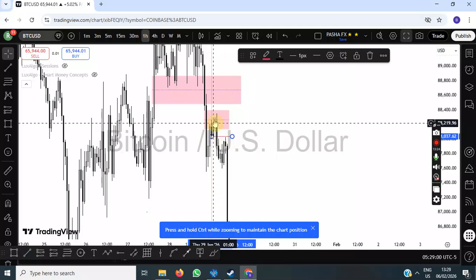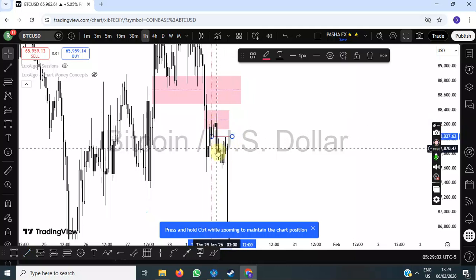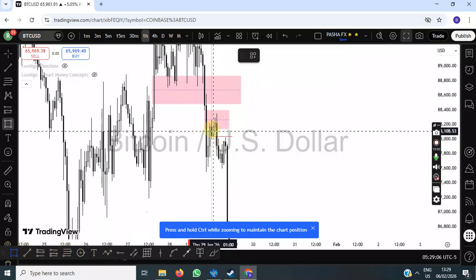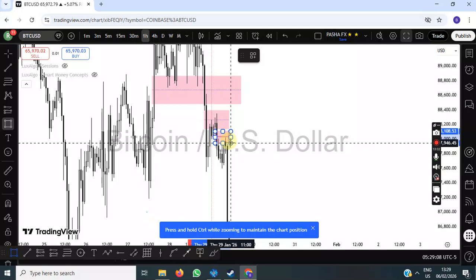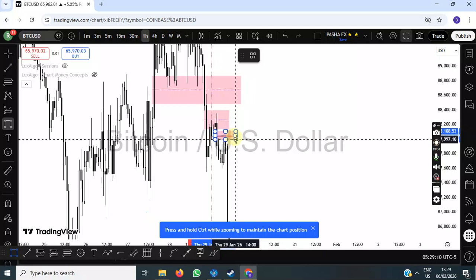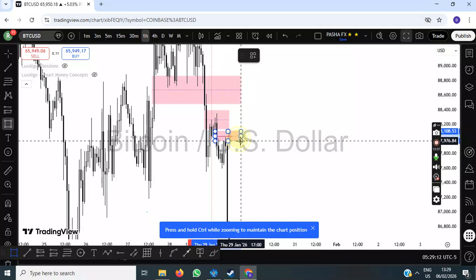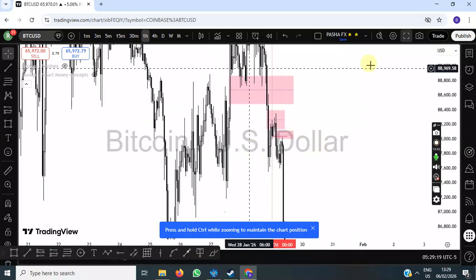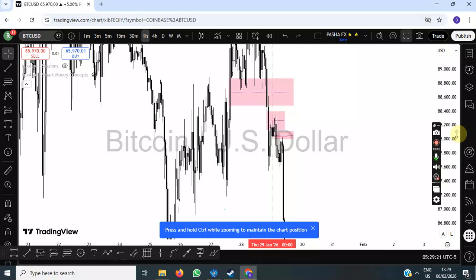See these two up close candles? When price closes below them, it becomes an order block. And we also had a fair value gap aligned with it. So I was very, very confident. And now I was reaching my final target.